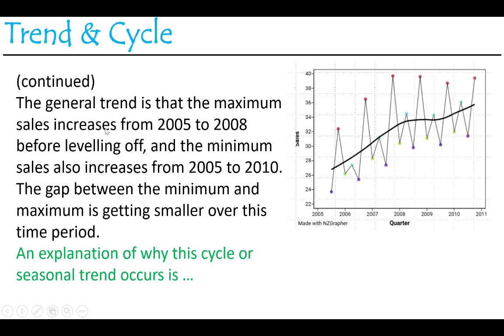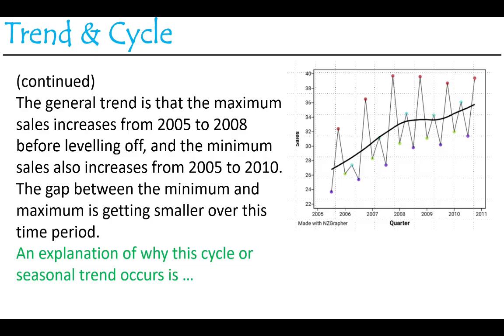And continue: the general trend is that the maximum sales increases from 2005 to 2008 before leveling off, and the minimum sales also increases from 2005 to 2010. The gap between the minimum and maximum is getting smaller over this time period. This last part, the gap between minimum and maximum, is part of variation.